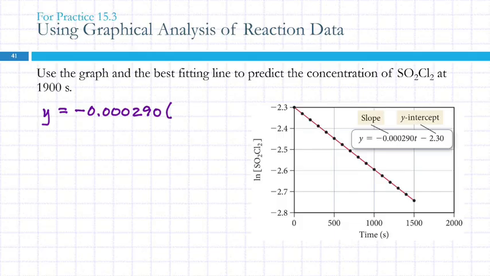Well, we're looking at 1900 seconds, so put 1900 in there. Plus, no, not plus, minus 2.30. And then we're going to solve that for y.